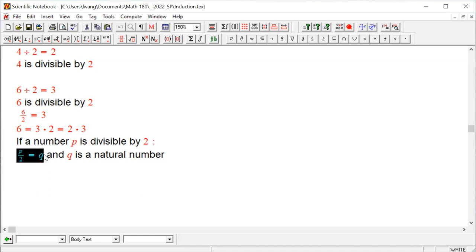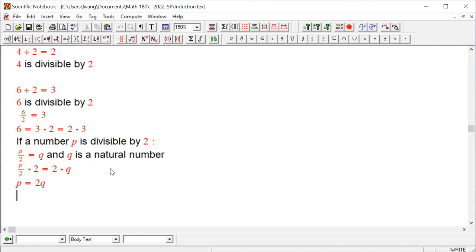So if we multiply both sides of this relationship by 2, we end up with P equals 2 times Q. This is to say that if a number is divisible by 2, then this number can be written as the product of 2 multiplied by another natural number, if P is a natural number.